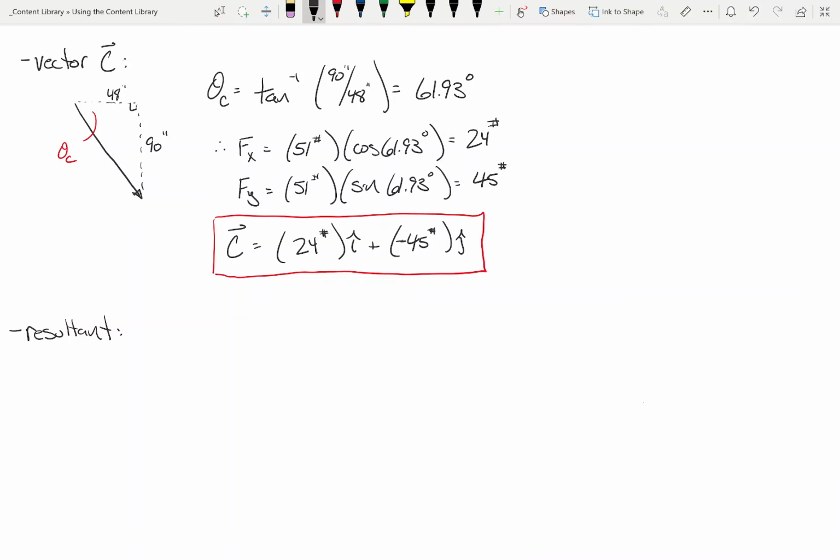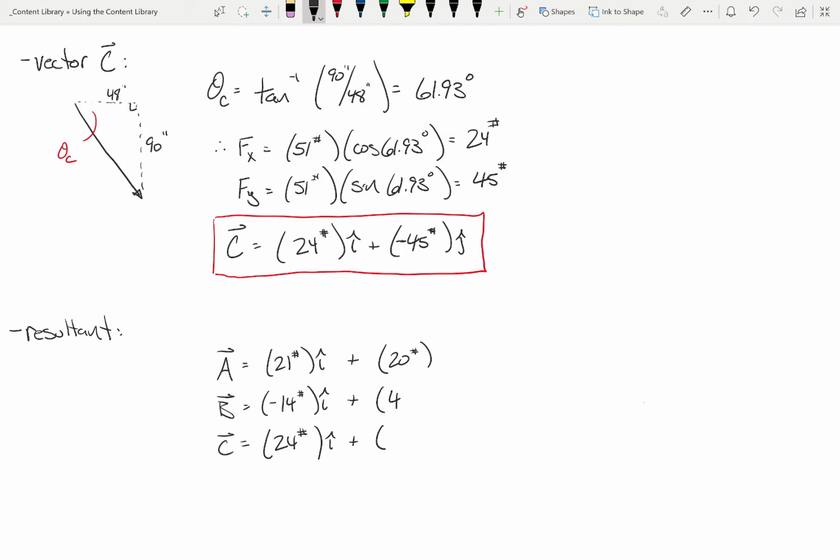So we have vector A, vector B, vector C. So we've got 21 times I. We've got negative 14 I. We've got 24 I plus 20, 48, and negative 45.